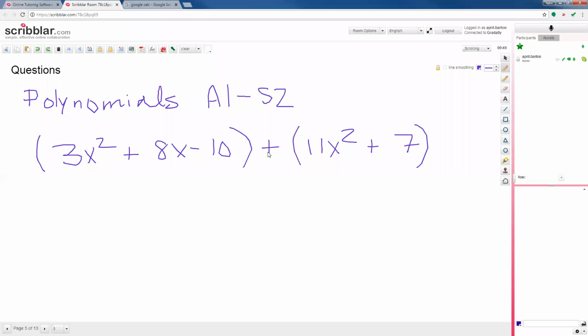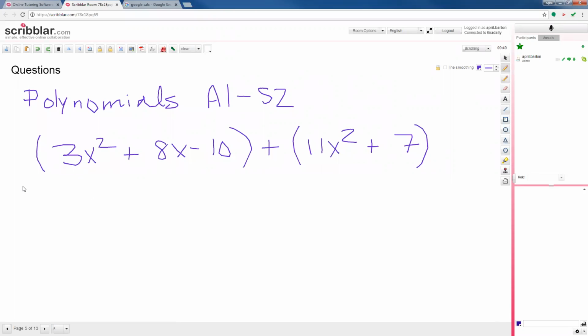So when they ask you to add, you're basically combining like terms. You're taking the things with the same variables and the same exponents and combining those things together. One way to remember your like terms is actually to think about how these are said out loud.